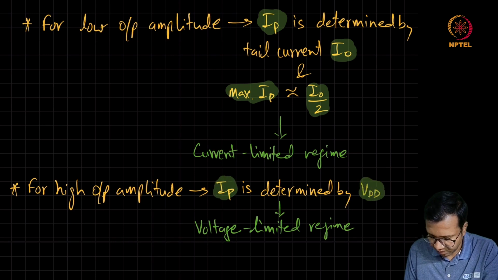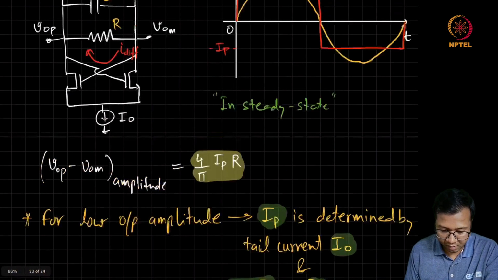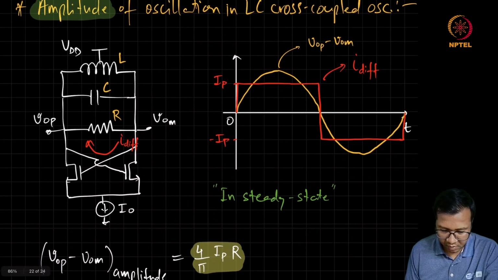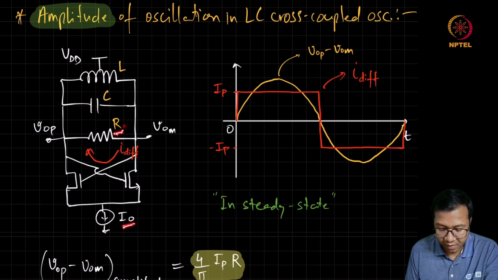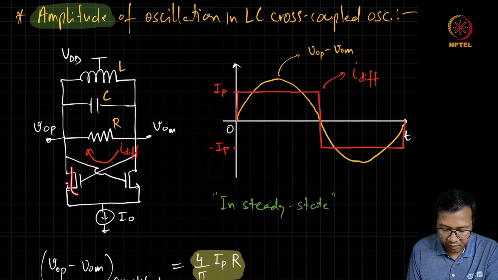You can see that if we choose this I0 in relation with the R in such a way that the output swing is much lower compared to VDD, then even when there is a complete steering of this current, the MOSFET will still be operating in the current limited regime.